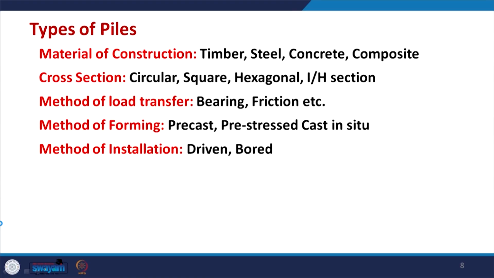Methods of load transfer, it could be bearing or it could be friction. Then method of forming: precast, pre-stressed, or cast-in-situ piles. Then methods of installation, either driven piles or bored piles. So, these are the different categories by which the piles can be classified.